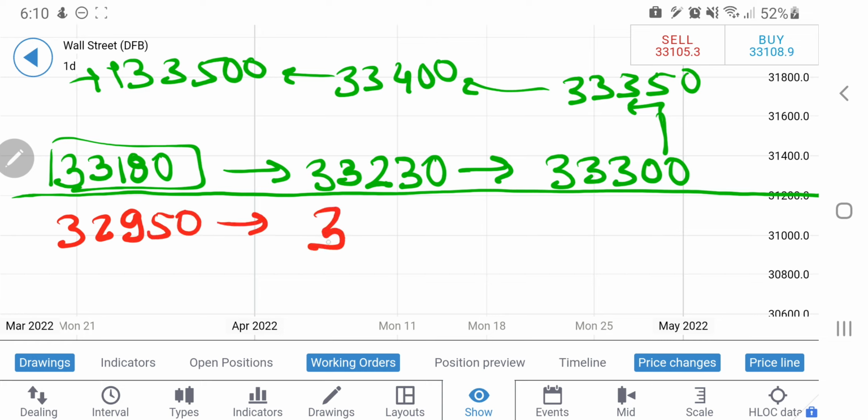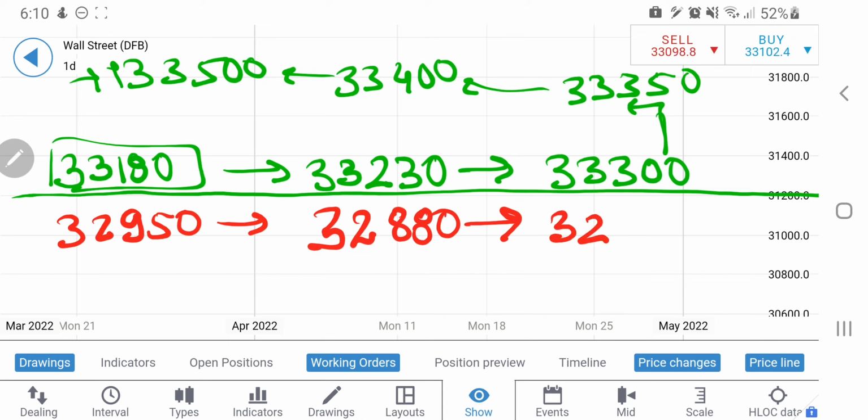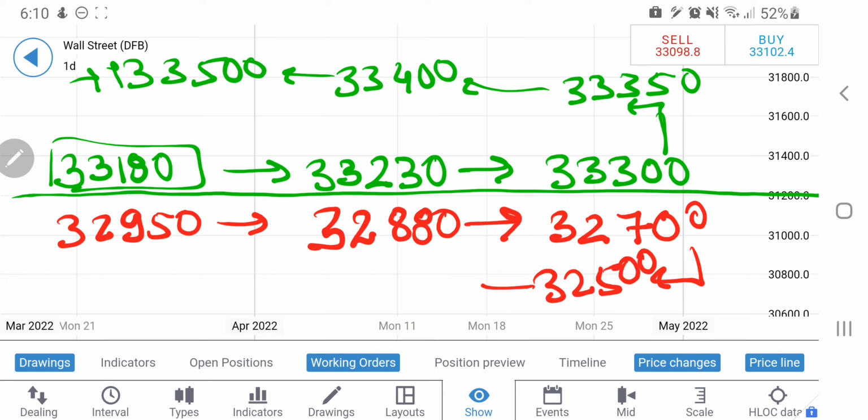The immediate and very strong support at around 32,880 will come into picture, and if this breaks, we may see a sharper fall, which will try to take it towards 32,700, 32,500, and this time it can in fact break below towards 32,400 levels, which is going to be a fairly strong support for US 30.